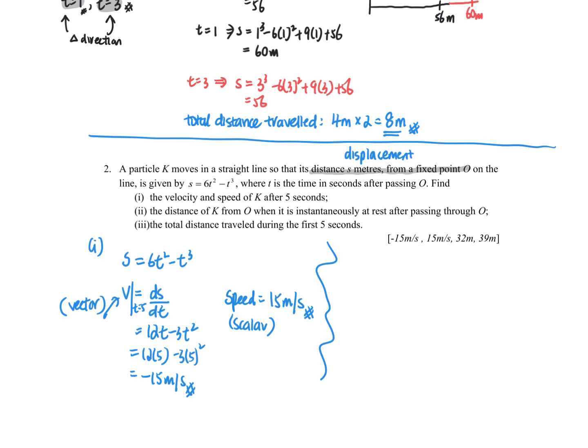Okay, part 2, they say distance of K from O. So again, they are asking you for displacement when it is instantaneously at rest. Means what? So v equals to 0 first. Go and find the time. So this is my v. Let's go and try to solve that.